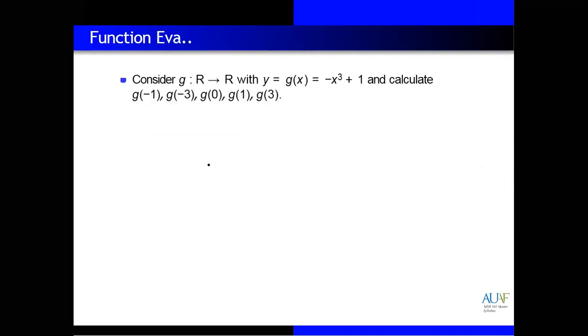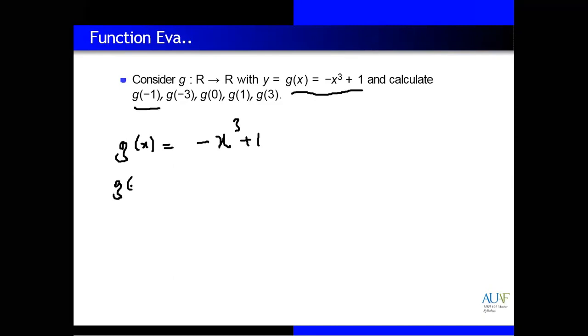For example, we are given a function g of x is equal to minus x cube plus 1. There will be one or two questions from today's lecture, so if you have any question, you can ask me. So what is g of minus 1?